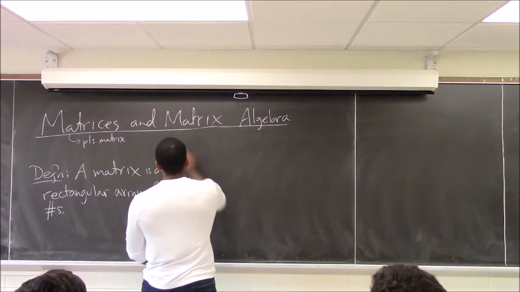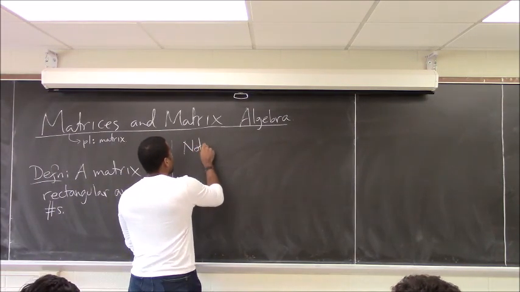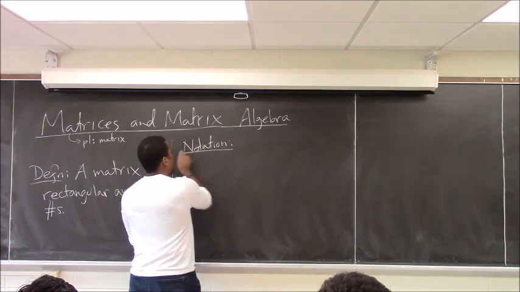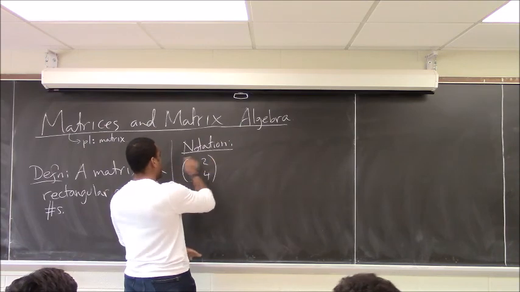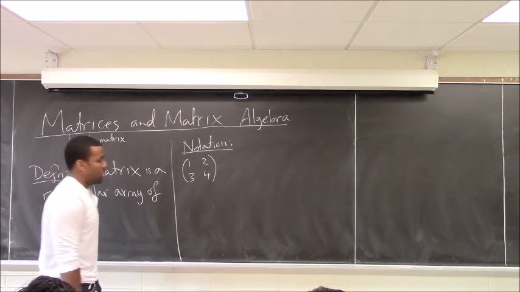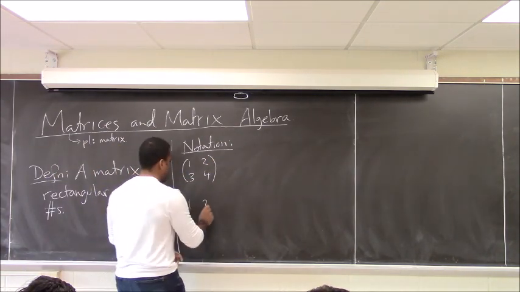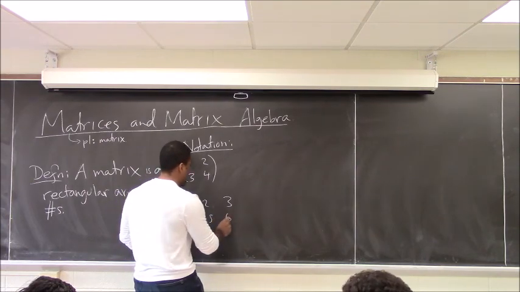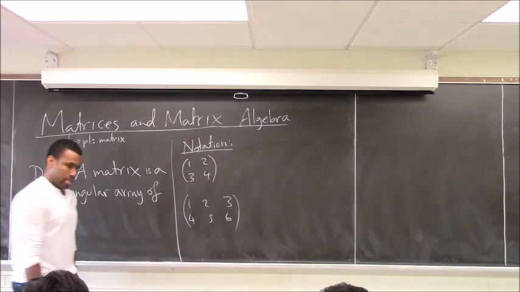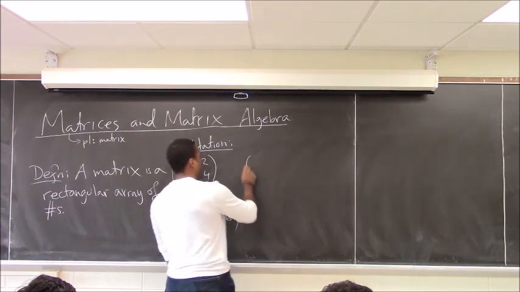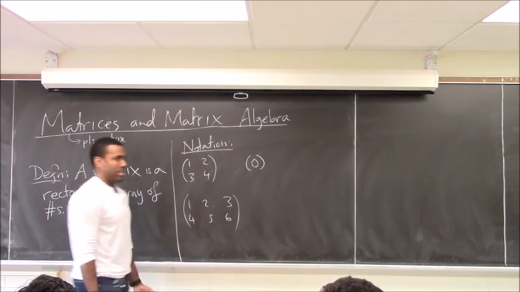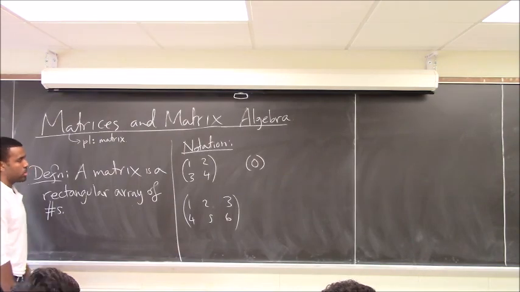So the notation would be something like, okay, 1, 2, 3, 4. That's like you write numbers in the form of a rectangle. It doesn't have to be a square. You can have 1, 2, 3, 4, 5, 6. That's another kind of rectangular array of numbers. You can have a 1 by 1, a very small rectangular array of numbers.